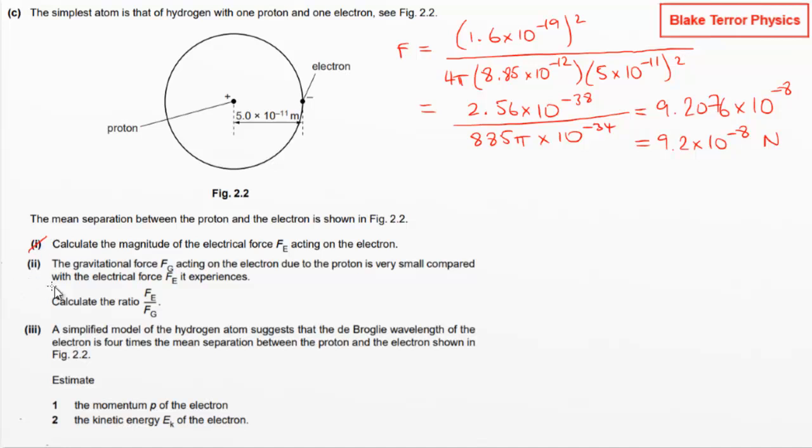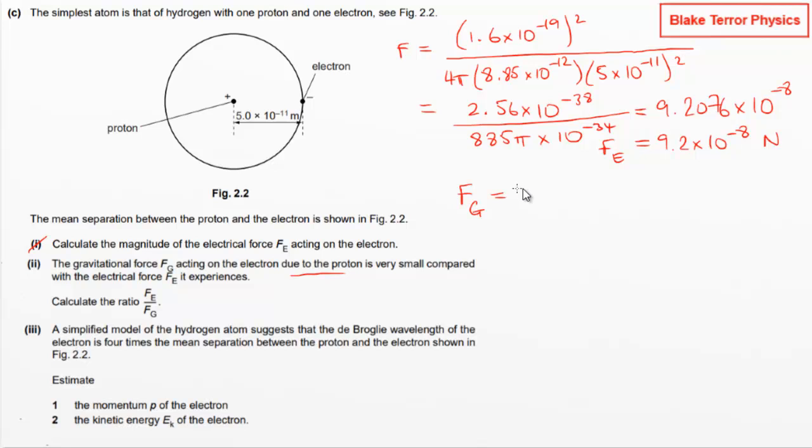Right, the gravitational force Fg acting on the electron due to the proton is very small compared with the electrical force it experiences. Calculate the ratio between what we've just calculated here, which is Fe, and Fg. So we've got to go back to Newton now and get our Fg: Gmm over R squared.